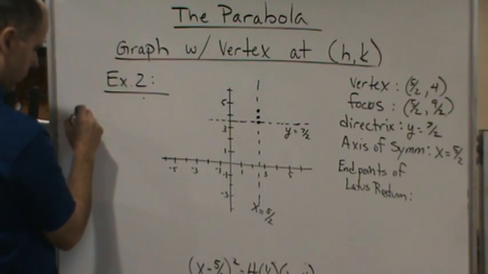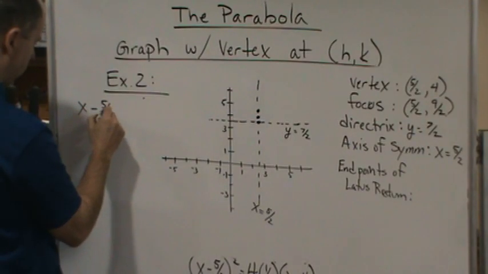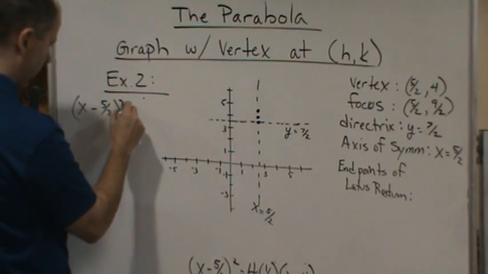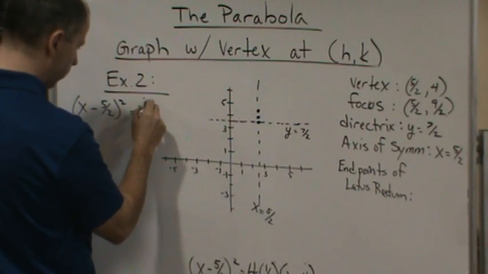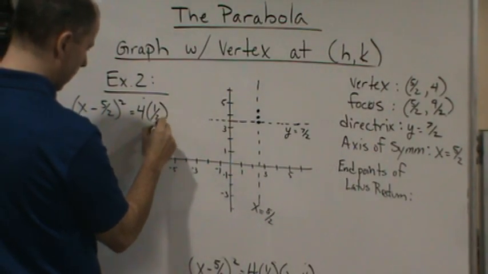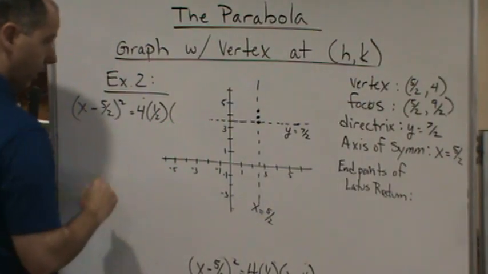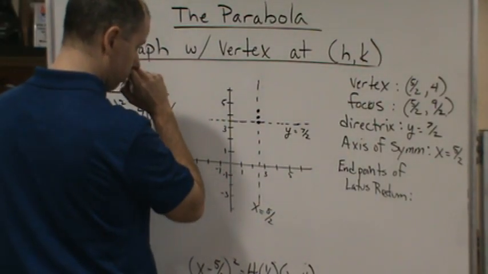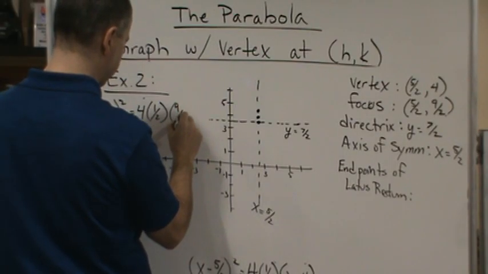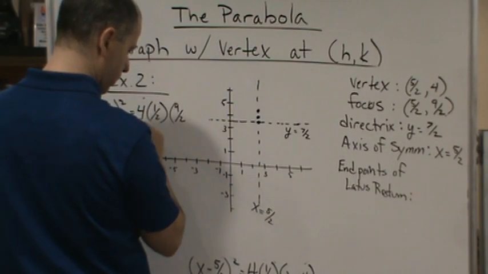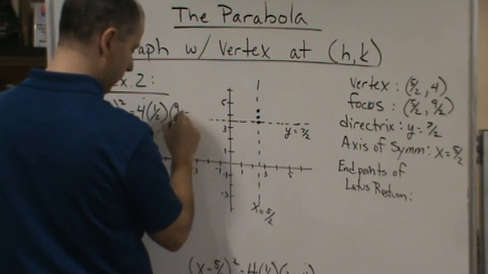So we get x minus 5/2 squared is equal to 4 times 1/2 times y, 9/2, minus 4.